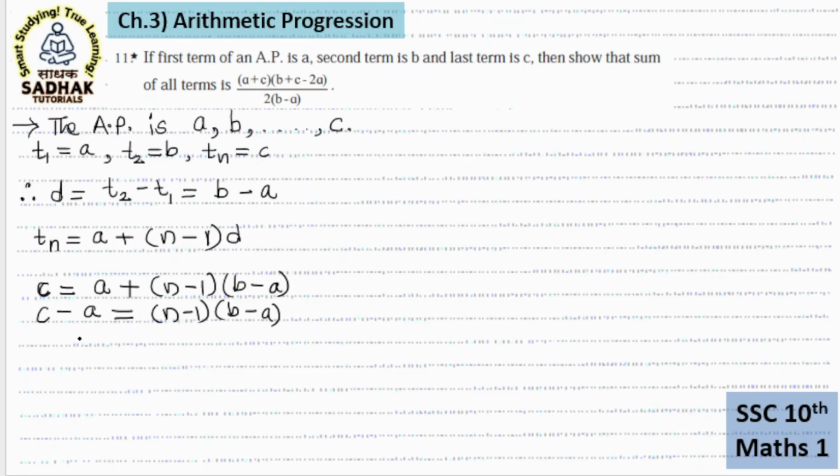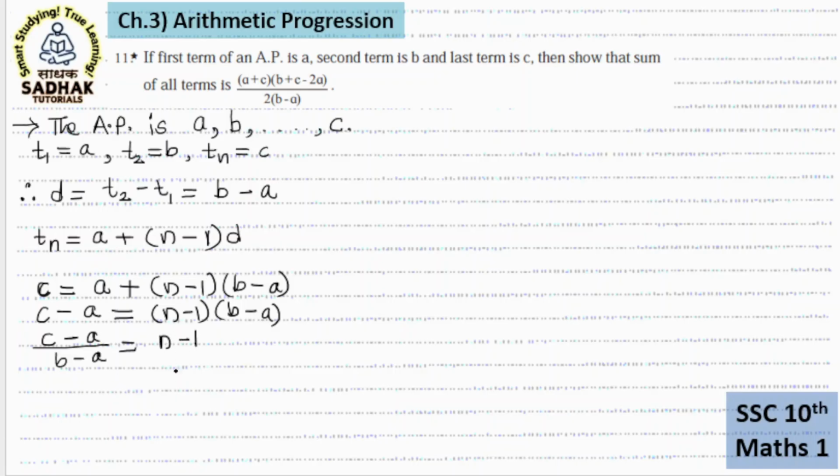Now let me put this B minus A also on the left hand side. On the right hand side it is in multiplication, on the left hand side it will become division. So C minus A upon B minus A is equal to n minus 1.